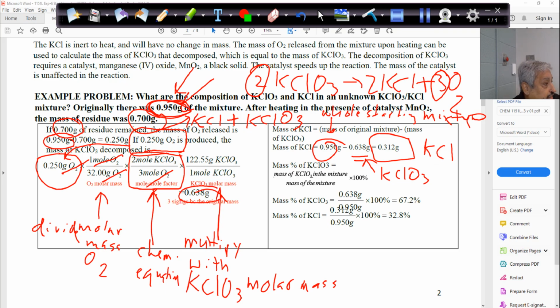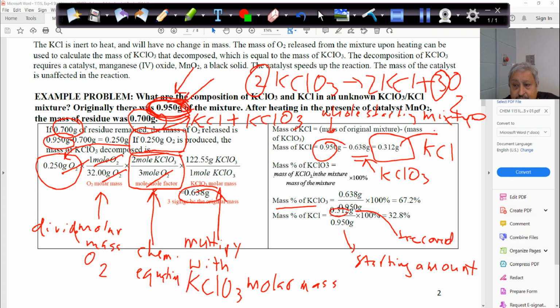Now I have to calculate what? The percentage of each of those components in the mixture. This is what I started out with. The mass percentage is the recovered amount, the amount recovered after the experiment, divided by the starting amount, multiplied by 100.